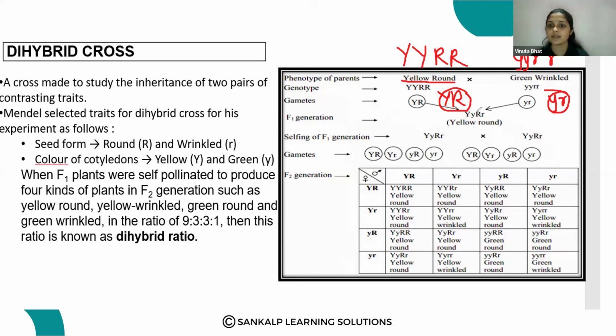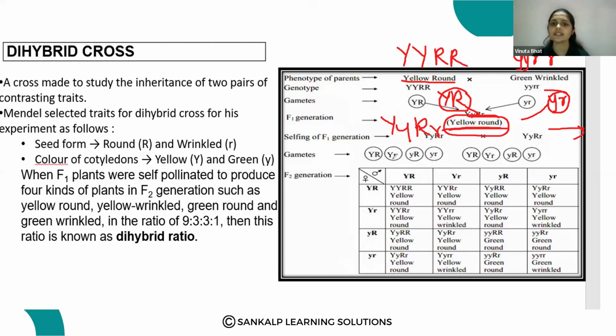When these gametes fuse and form the new plant, the new plant has the genotype capital Y small y, capital R small r. So what is the genotype of this F1 plant? That is yellow round, because capital Y is dominant, and capital R is dominant over small r. So the F1 plants are producing yellow round seeds.